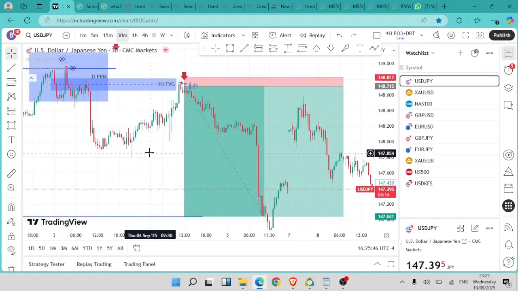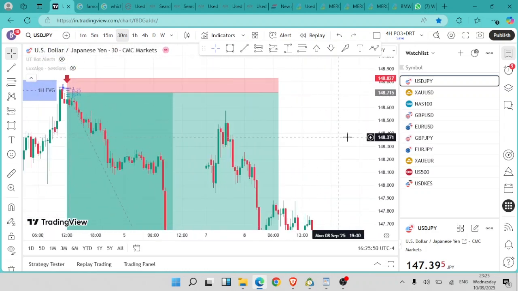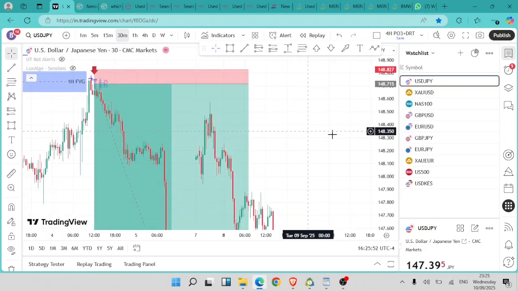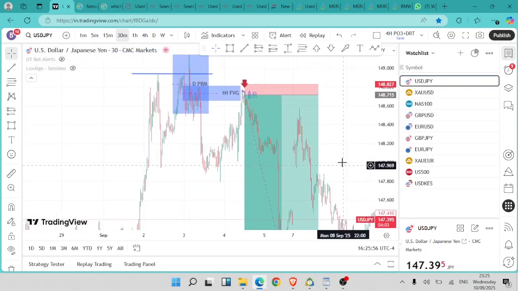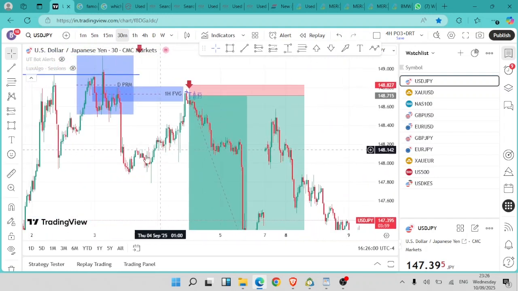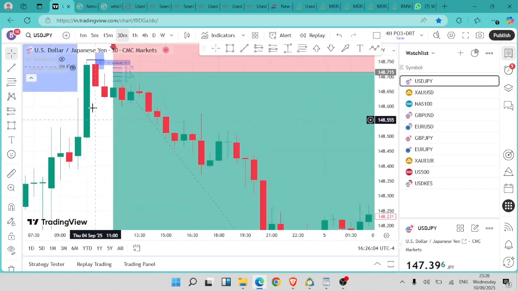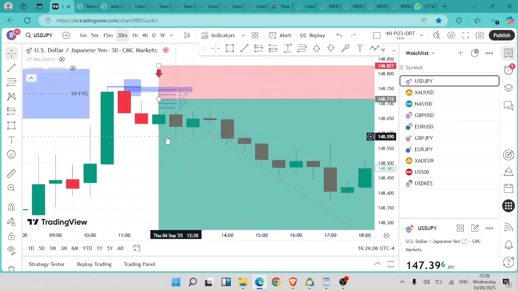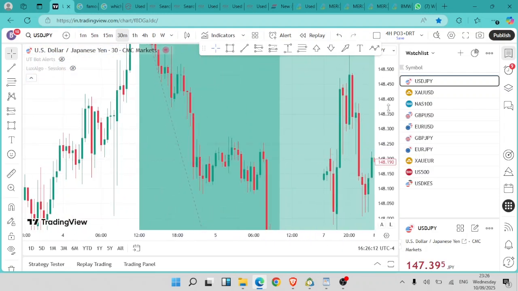So that is the execution you would have taken on this model, and that means this model works even on higher time frames, and you can use it to take scalping trades. And when you look at this trade right here, you can see we had a very tiny drawdown and then price went rushing lower to give us very good returns.